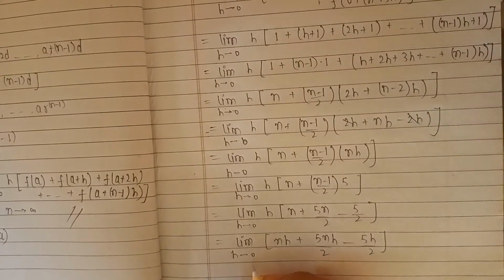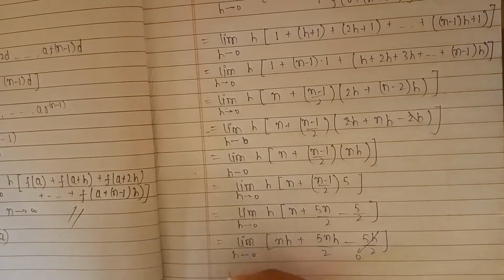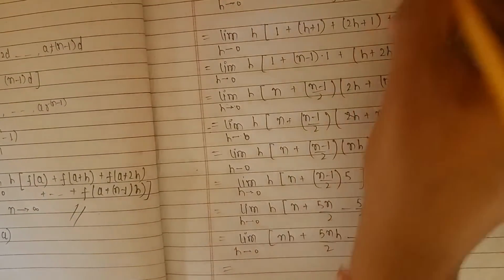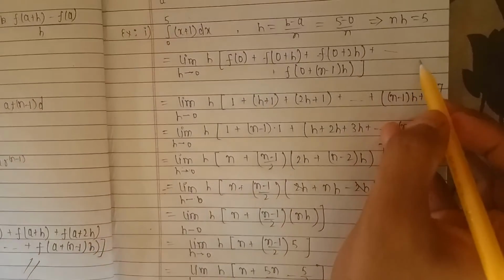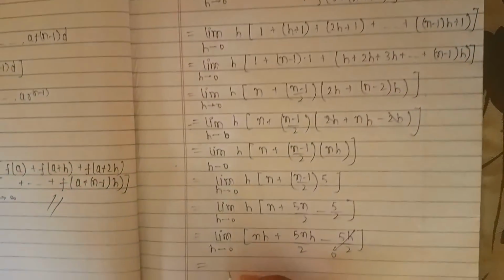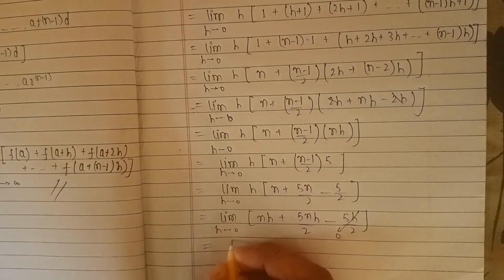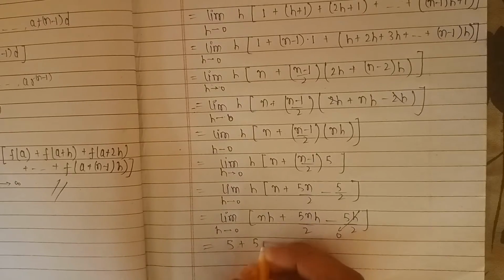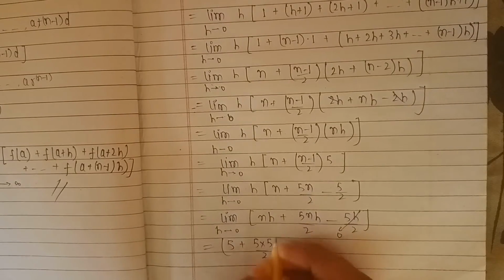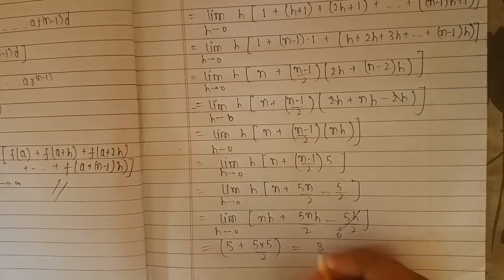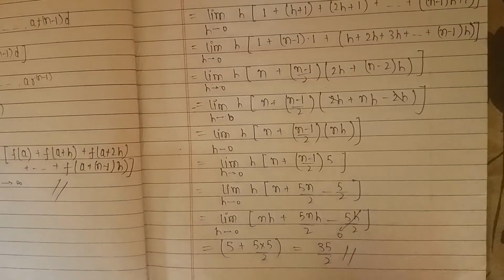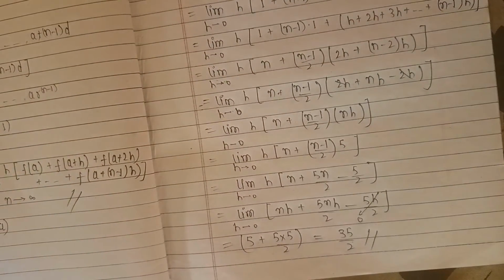Since h tends towards 0, therefore 5h by 2 tends towards 0, and nh equals 5. Using that we get 5 plus 5 into 5 by 2, which is equal to 35 by 2. This is the answer.